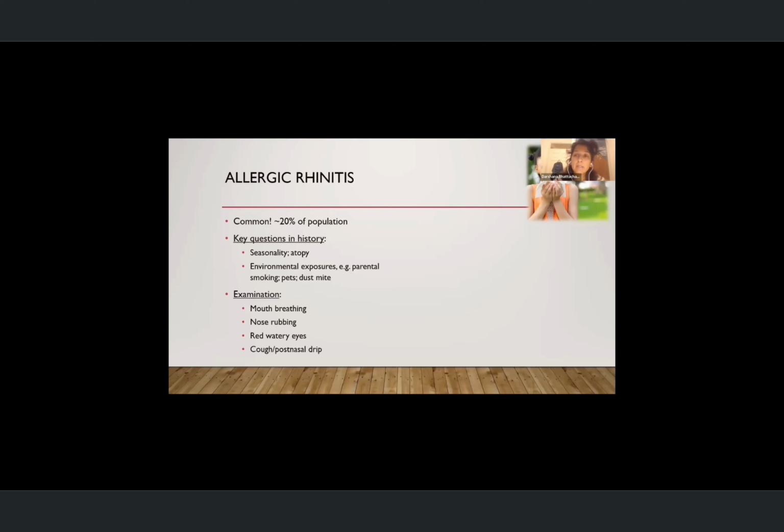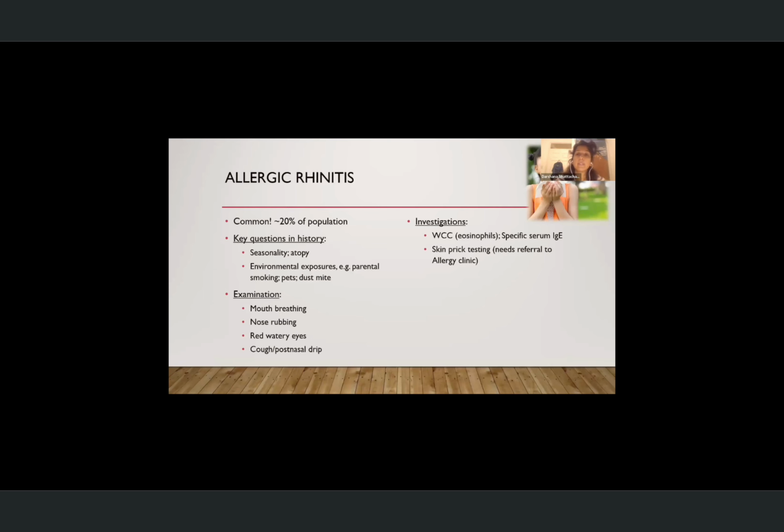When examining the child, you use your usual ABC method, but look especially for mouth breathing, children rubbing their noses, whether they have watery red eyes or a cough or a tickly throat, which might signify a postnasal drip.